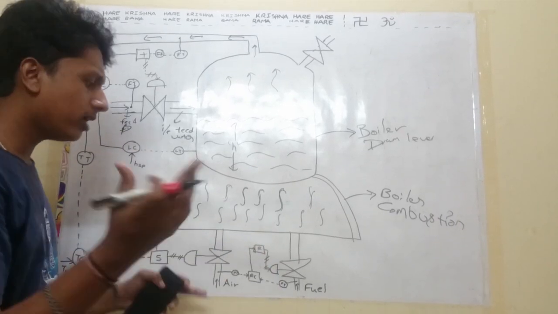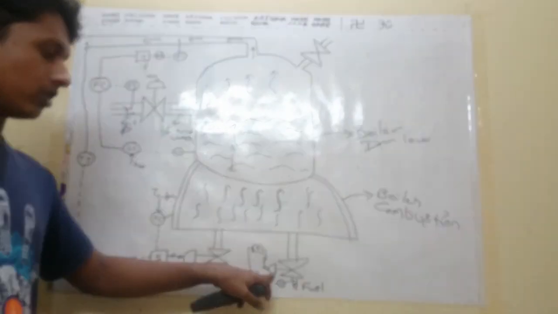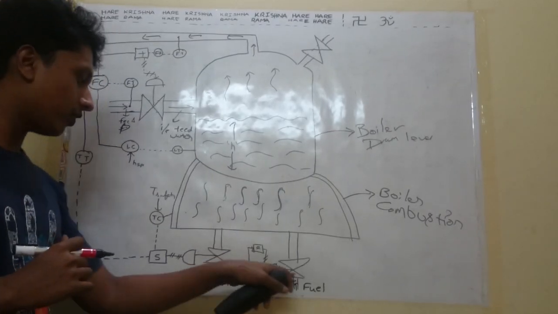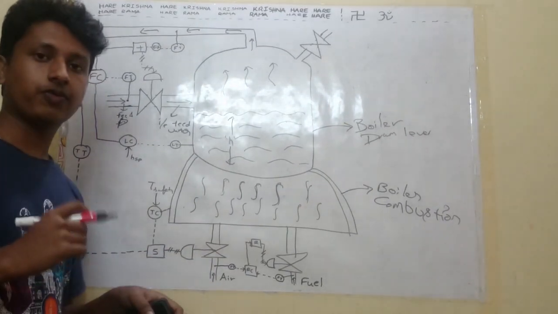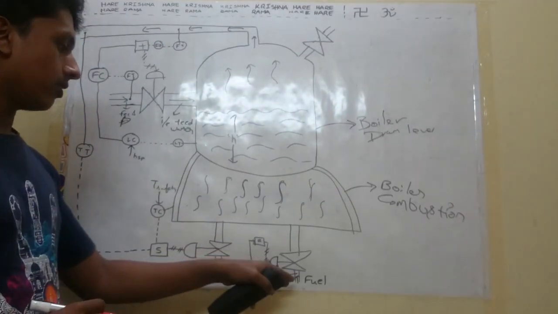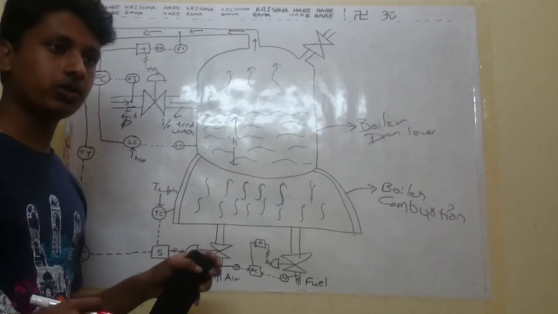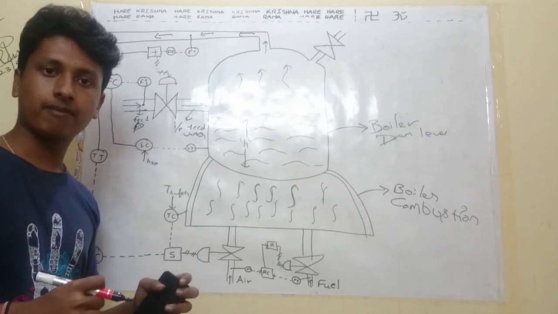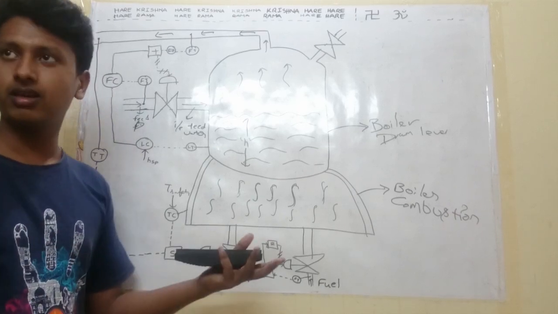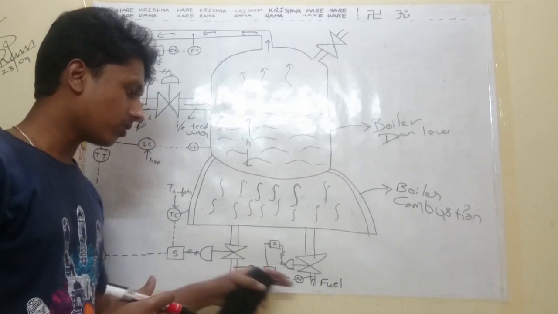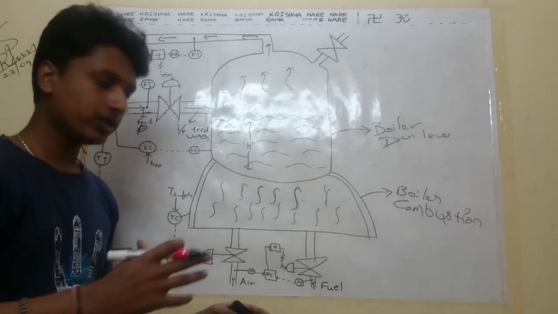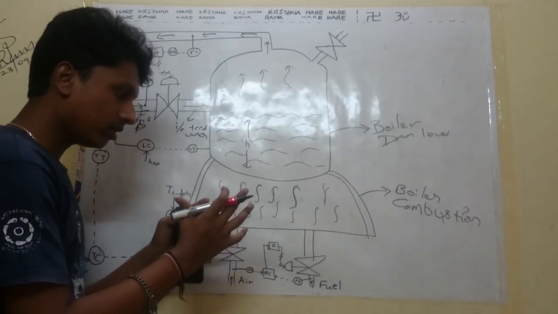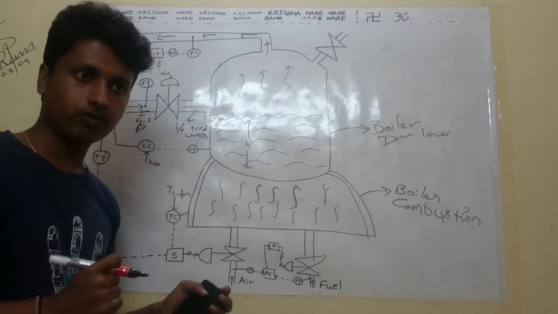valve. You may think: why is fuel being controlled, but why not air? Because air is not controlled over here, but fuel is controlled. Why? Fuel is very costly, air is cheaper. So if we control the fuel, automatically we are controlling the cost also.